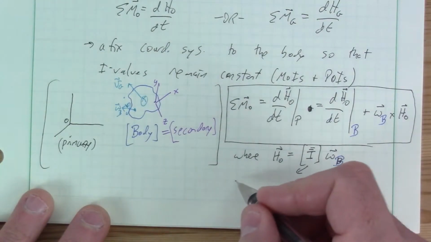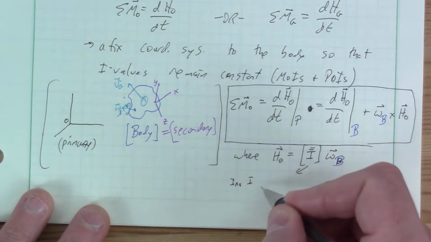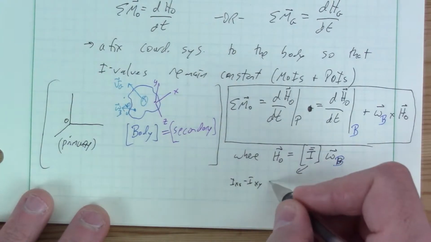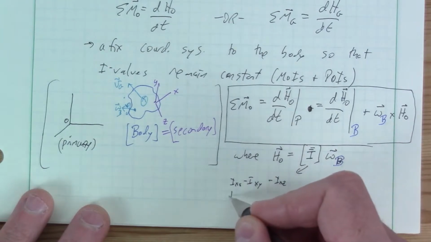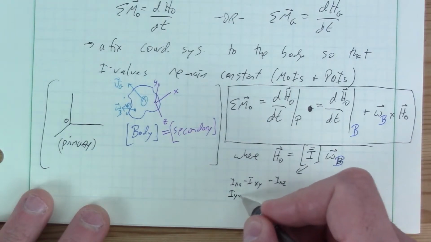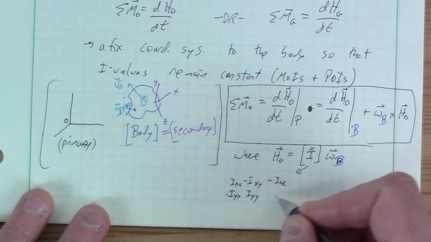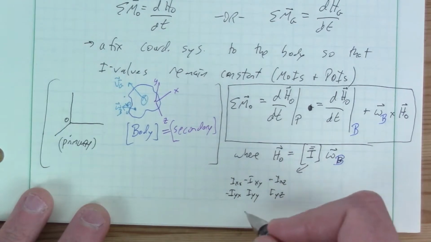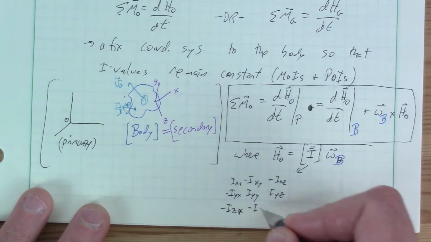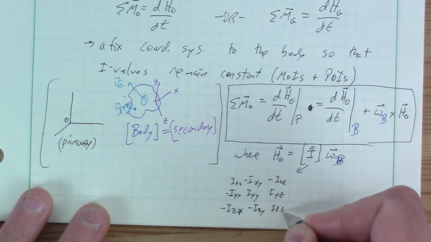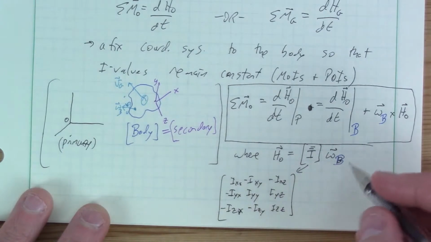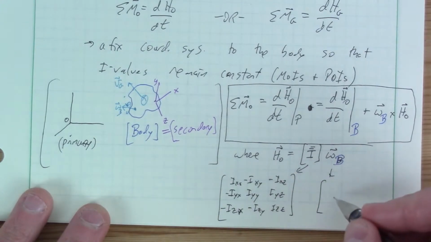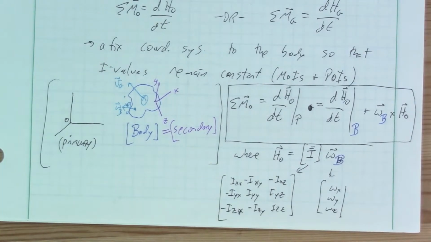This is Ixx, negative Ixy, negative Ixz, negative Iyx, Iyy, negative Iyz, negative Izx, negative Izy, Izz. And this then multiplies omega x, omega y, omega z, the three components, where the i hat, j hat, k hat components are there.